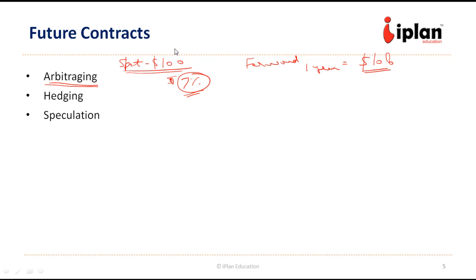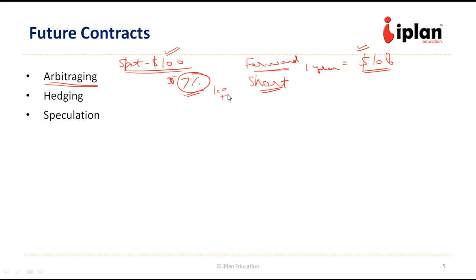If he borrows and buys the product in the cash market, he can buy at $100, and the interest which he has to pay is 7%, and if he keeps the product for 1 year, he can sell at $108. Since he can get into the forward contract, he can short the forward contract in the starting itself so that he can sell at 108.